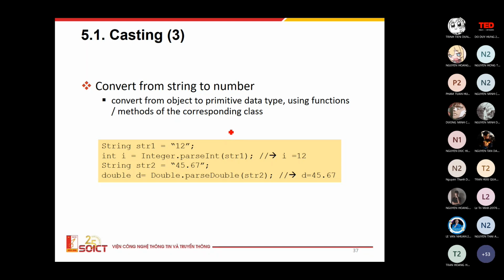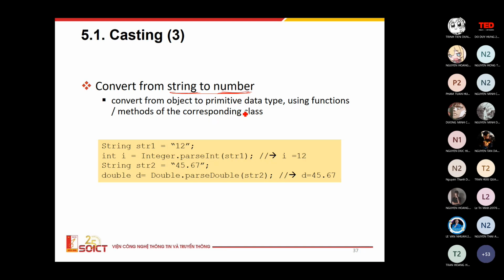That's all. So this is just to show you how you can convert from a string to a number. You can learn it later when you learn about strings, but I have to introduce it here because sometimes you have to do it in the homework.